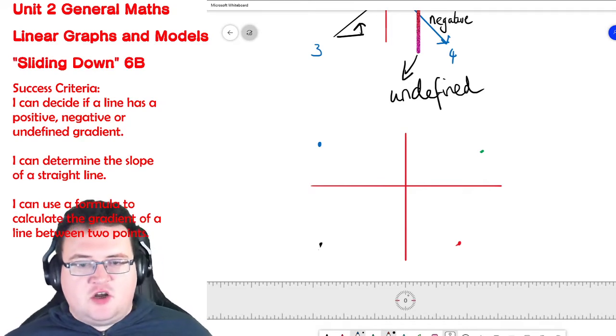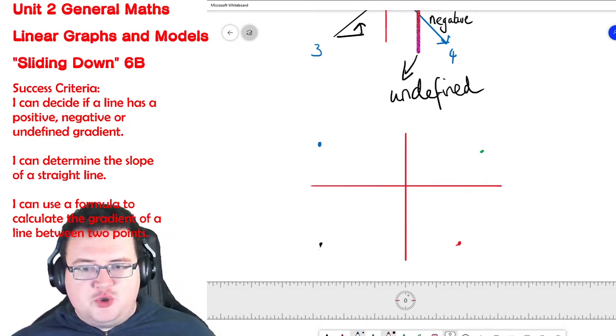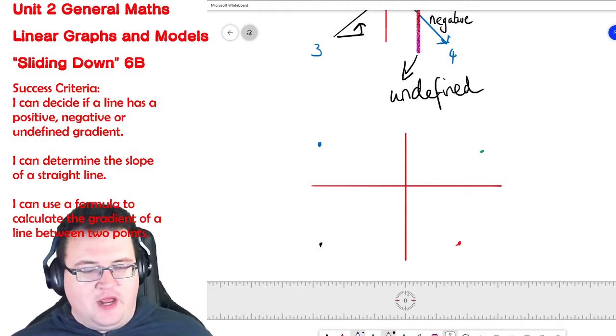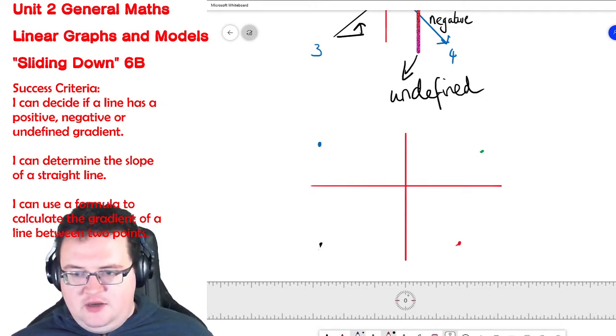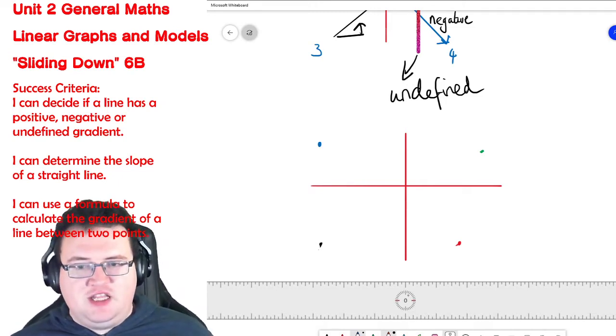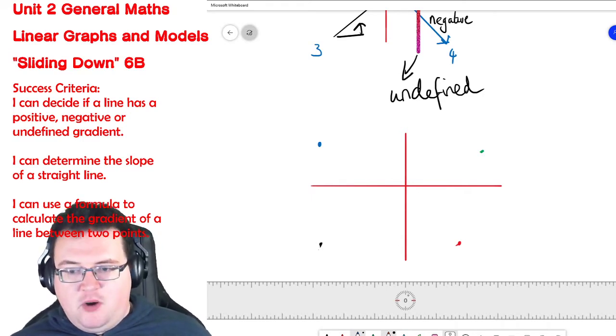So I have a black dot, a blue dot, a green dot, and a red dot. If I were to draw a straight line between the red dot and the green dot, would that be a positive or negative line?